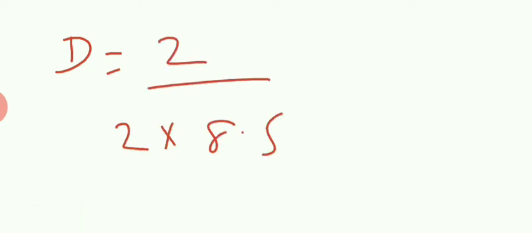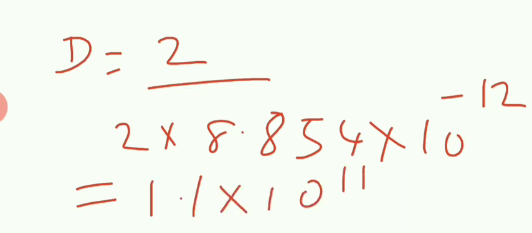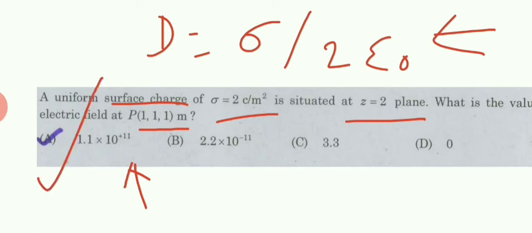So D is equal to 2 by 2 into 8.854 into 10 power minus 12. If you simplify, what you get is 1.1 into 10 power 11. This is the answer we are getting. So option A is matching, but no other answers are matching. It is minus 11 they have given. Maybe wrong, so it must be plus 11. So choose option A as the answer.